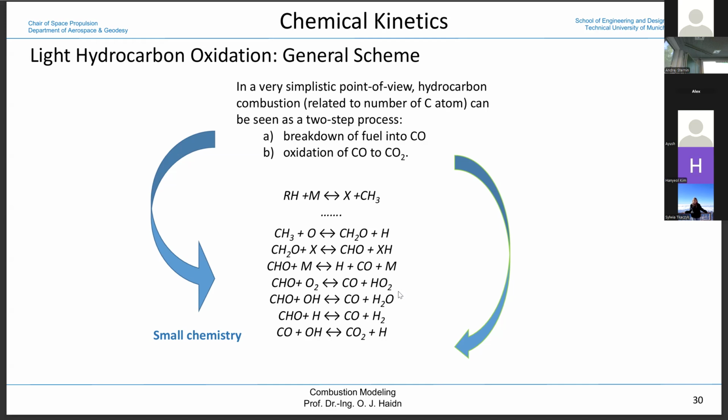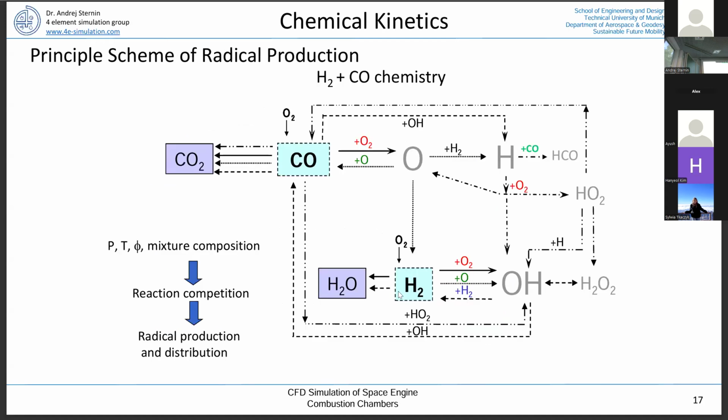With those elementary reactions, if the rate constants are proper, then you should be able to do a good check. So what we have is in principle the handling of the carbon atom. That would be one way, and the other one would be to go from the hydrogen into the water molecule.